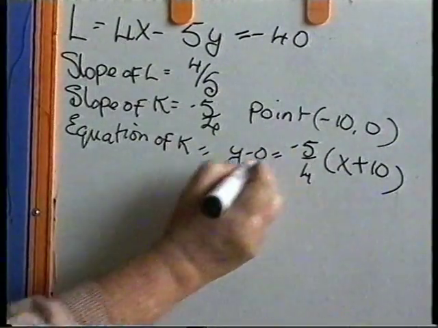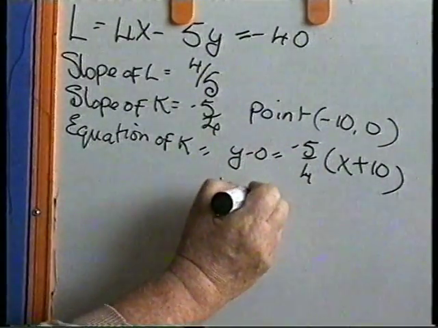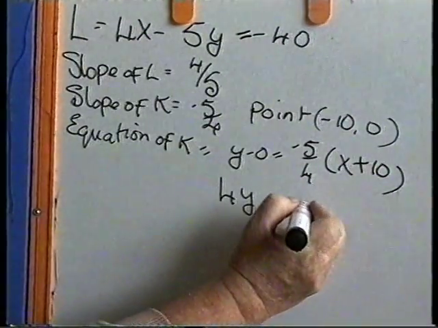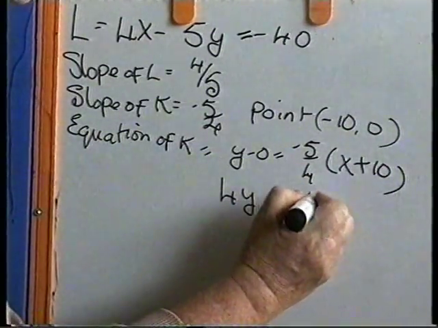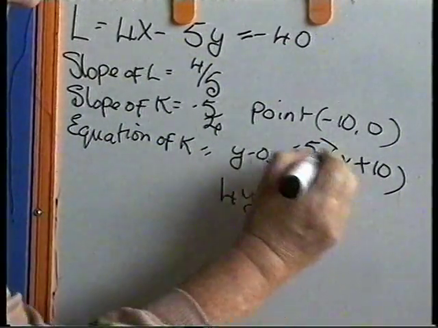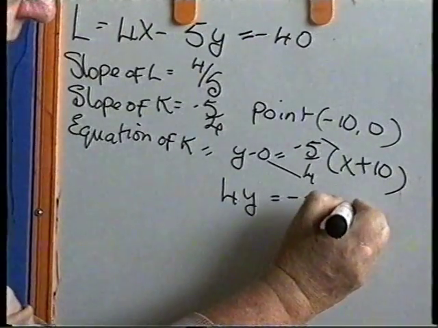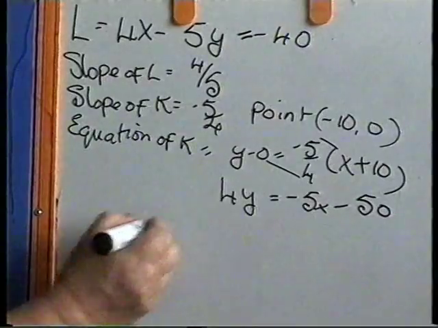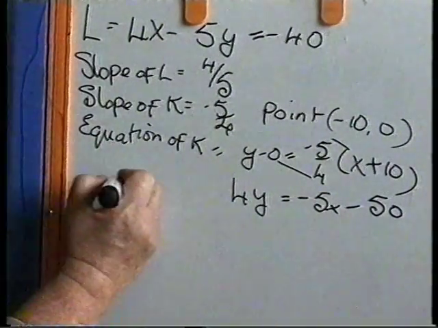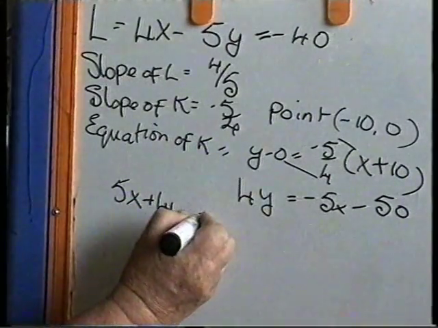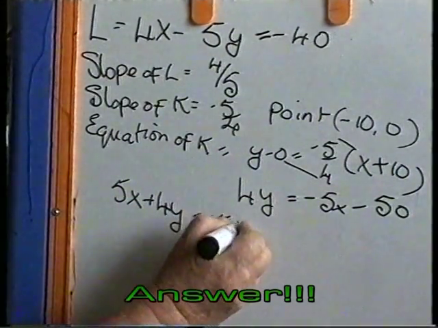Multiplying that by 4 and that by 5, we get 4y minus 0, 4y minus 4 naught is 0, equals minus 5x, and multiplying that by that and that by that, minus by plus is minus 50. And bringing over the 5x, I have 5x plus 4y equals minus 50.